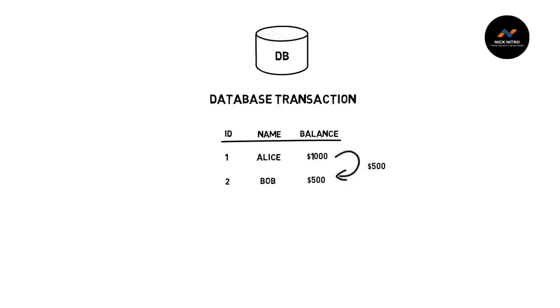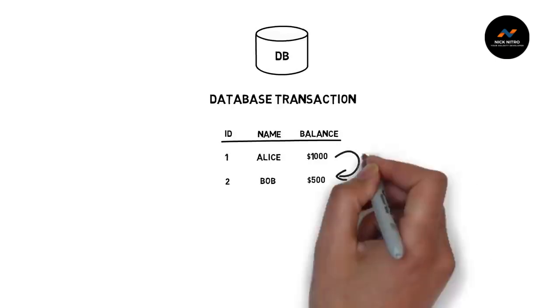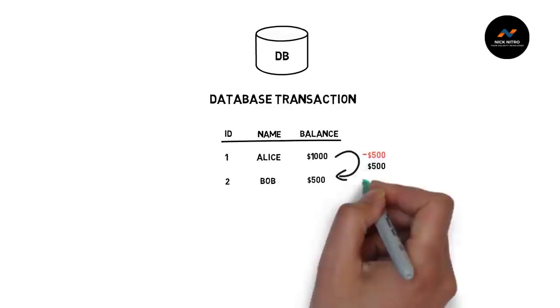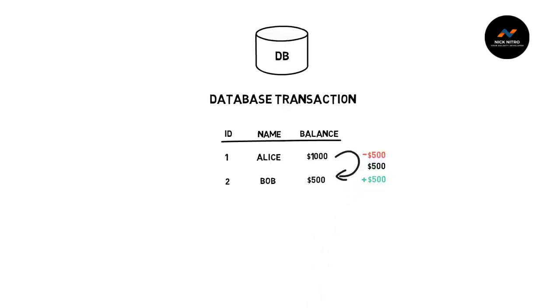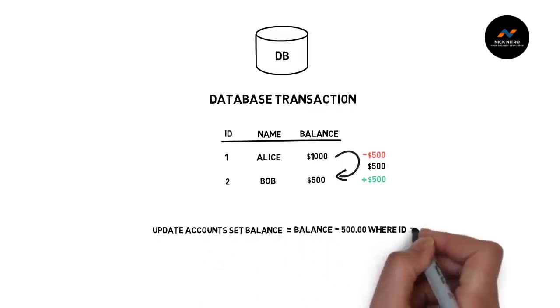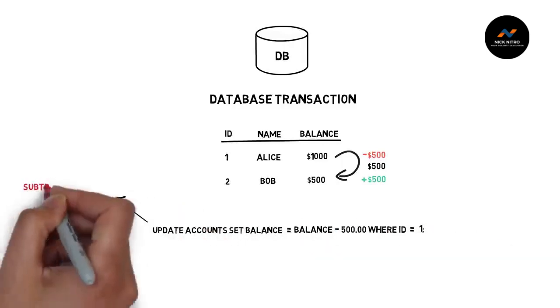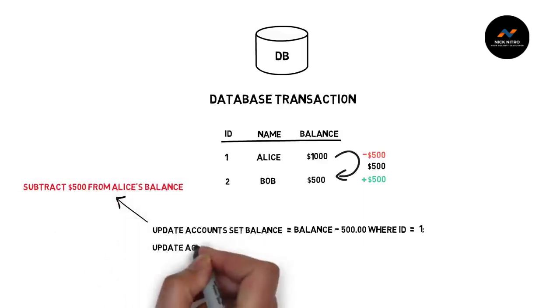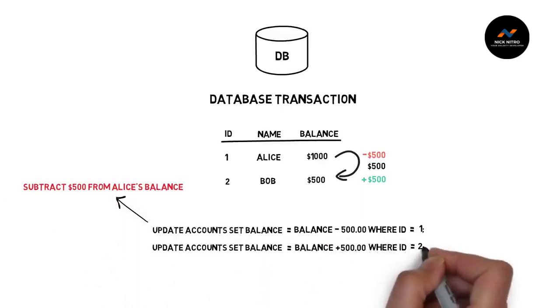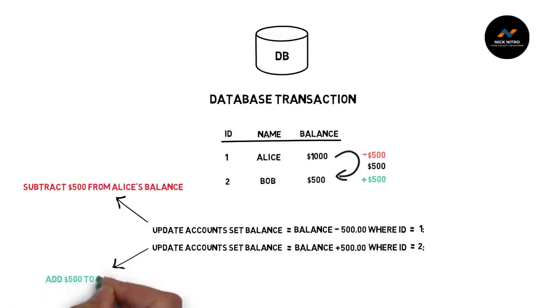In this case, we, of course, have to subtract $500 from Alice's balance and add $500 to Bob's balance. So we start writing our database update statements. The first update statement subtracts $500 from Alice's balance. The second statement adds $500 to Bob's balance.